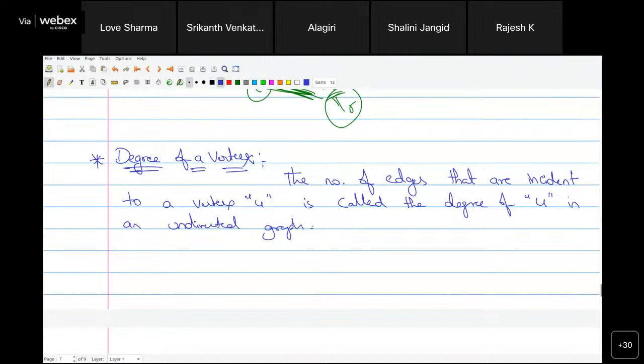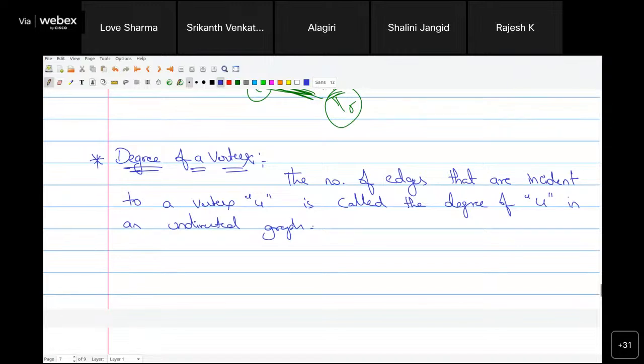So degree refers to a vertex, okay? When I say degree, it always represents a vertex. So what degree means is the number of edges that are connected or incident to that particular vertex.